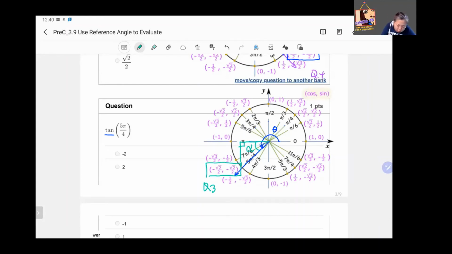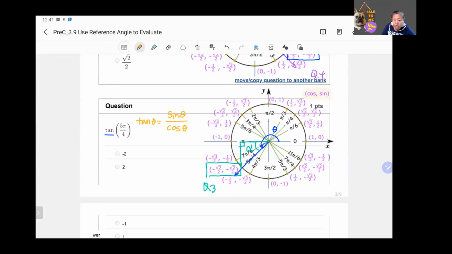And one more important piece of information about tangent: how can we get tangent? Tangent of an angle is the sine of the angle over the cosine of the angle.